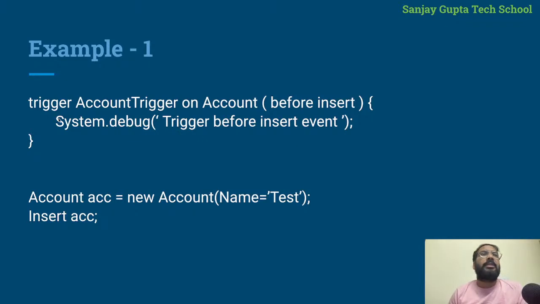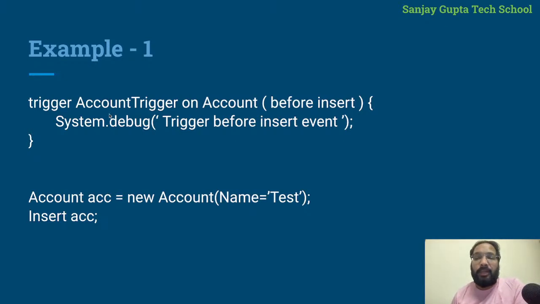Here you can see this example says trigger is the keyword, and the name of the trigger is AccountTrigger. This is part of best practice: don't write any random name for the trigger. It should be the object name appended with the word Trigger. If you are writing a trigger on the Account object, it should be AccountTrigger. On Contact, ContactTrigger.